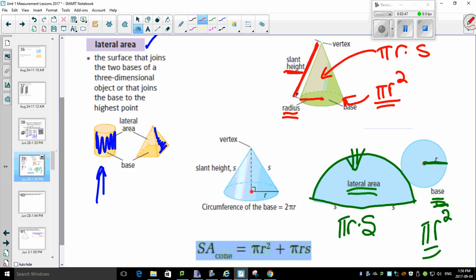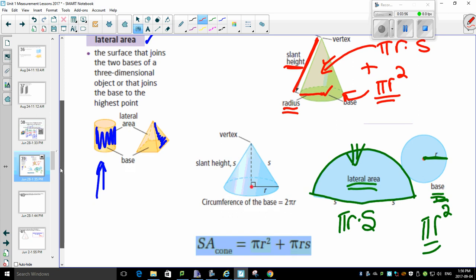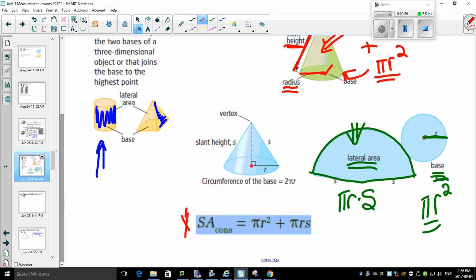And that's why when you put these two together, the base and the lateral area, you have to add them together to get your actual formula. So what I did down here is I put the formula. The surface area of the cone is that base, which is a circle, added to the lateral area. So there's the base, and this turns out to be that wonderful lateral area that we were talking about earlier.